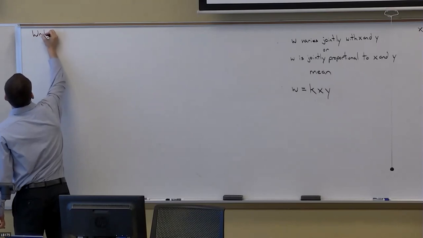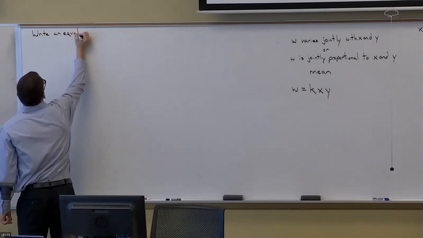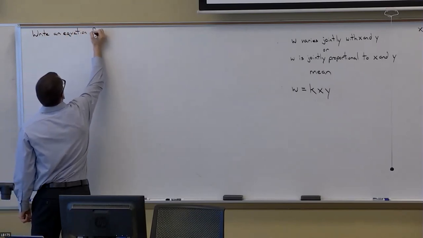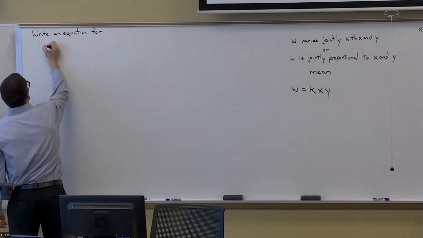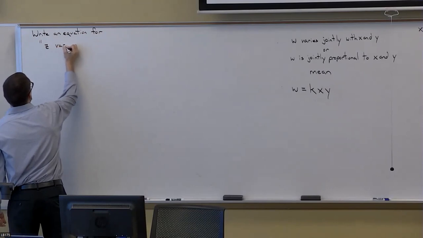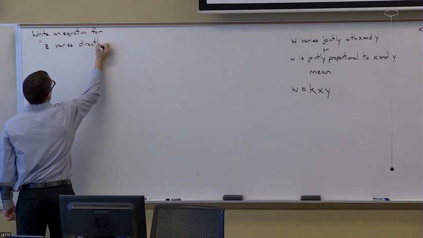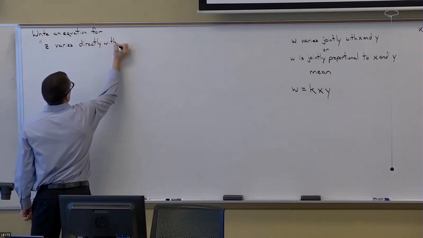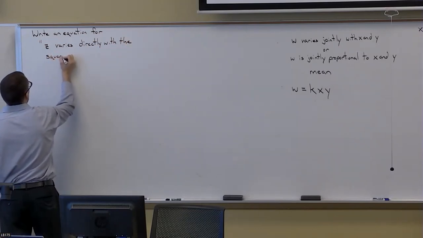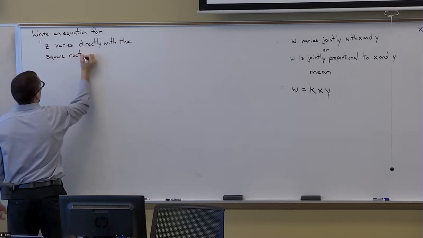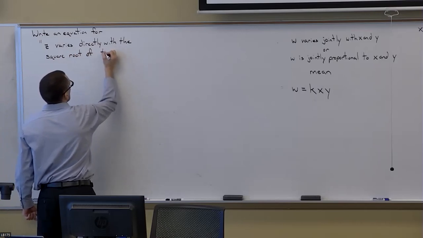So let's start right with writing an equation for the following statement. Z varies directly with the square root of t.